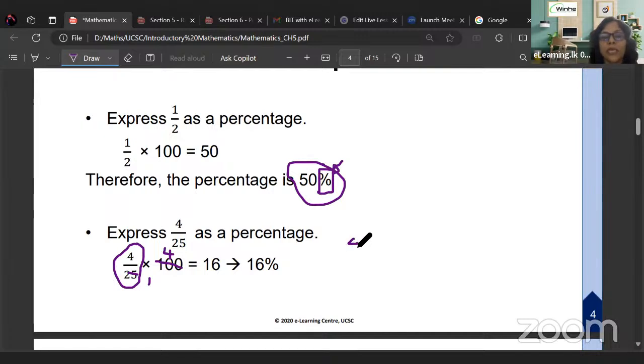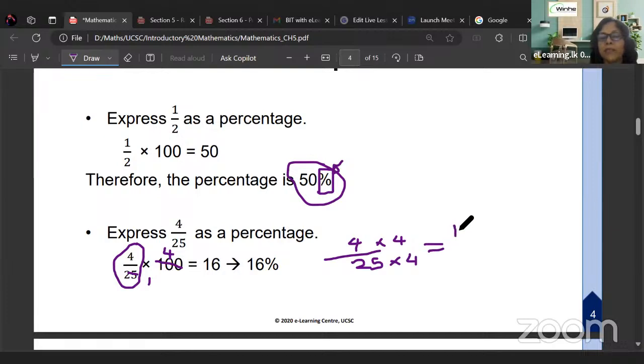Or else, as I mentioned earlier, you can use the second method also. If you multiply 25 by 4, then you have 100. Therefore, you have to multiply the numerator and the denominator both.